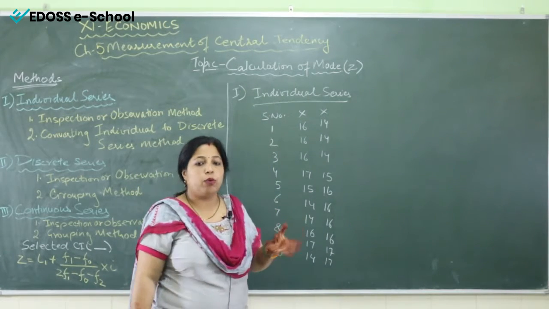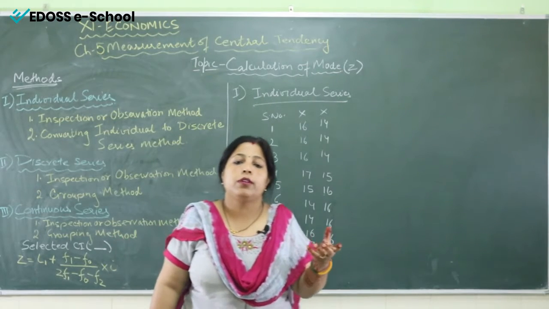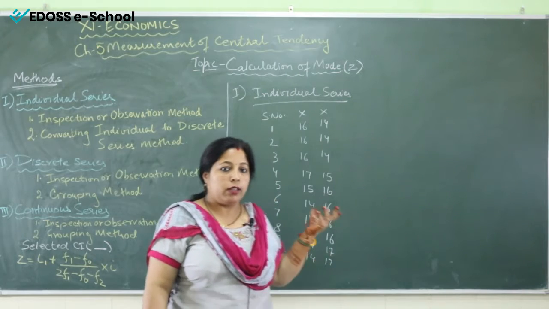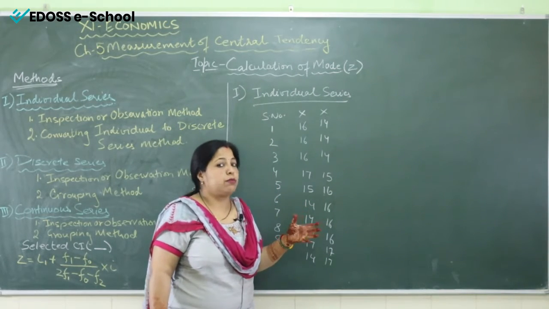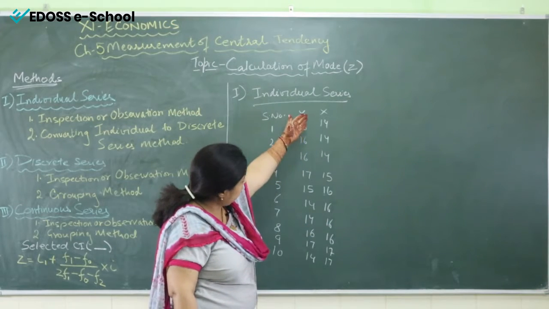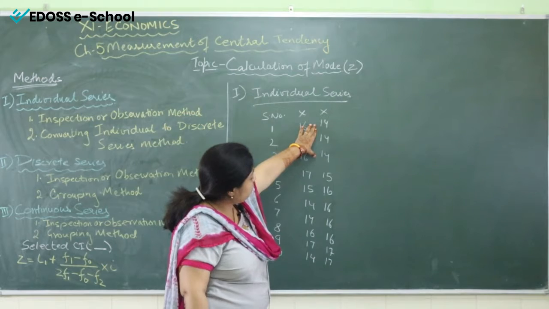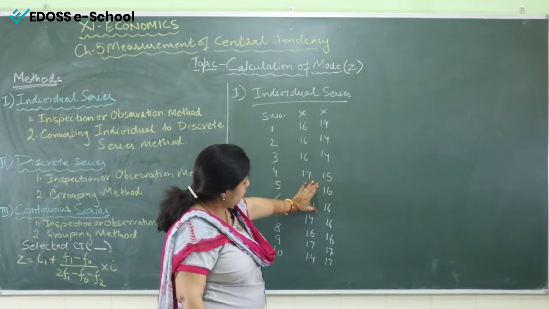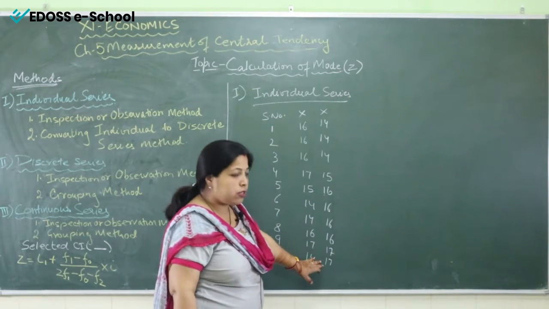Now what is mode? Mode is the number that appears the highest number of times in a series. In a particular series, the number which is most or highly repeated, that is mode. So in this series, you must be noticing that 14 is repeated 3 times, 15 is 1 time, 16 is 4 times, and 17 is 2 times.